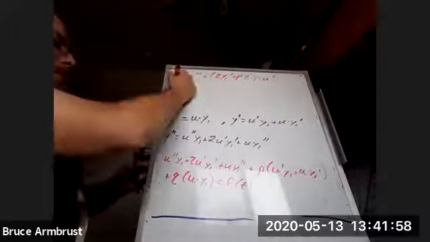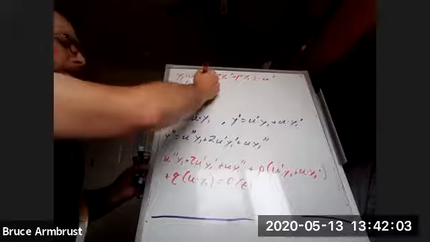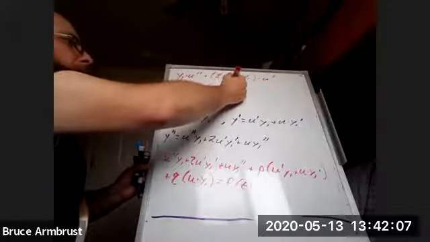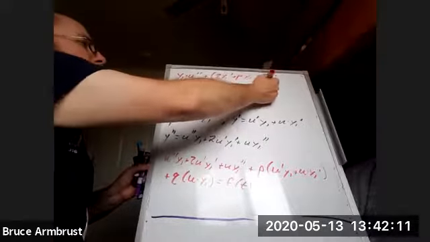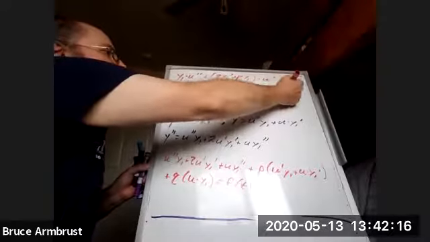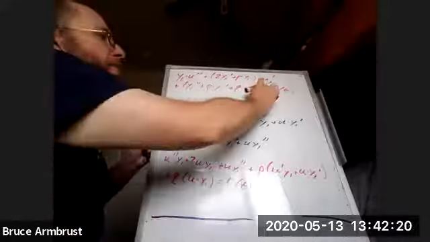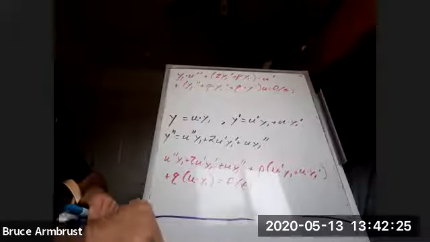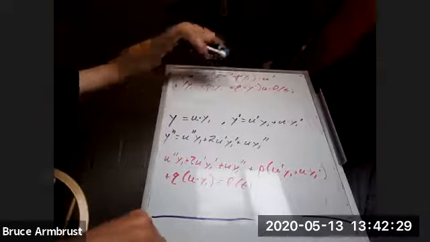For the pieces with the u, we're going to get y1 double prime plus p times y1 prime plus q times y1. So this equals f. That was just a bunch of algebra to get everything matched up. Okay, so I've got my multiple of u double prime, my multiple of u prime, and my multiple of u.